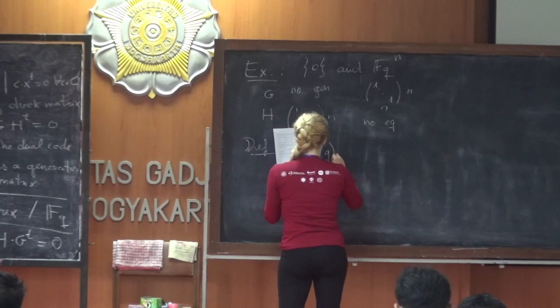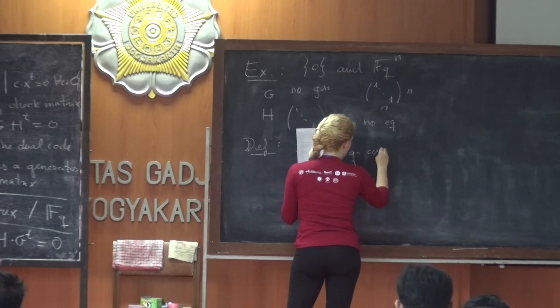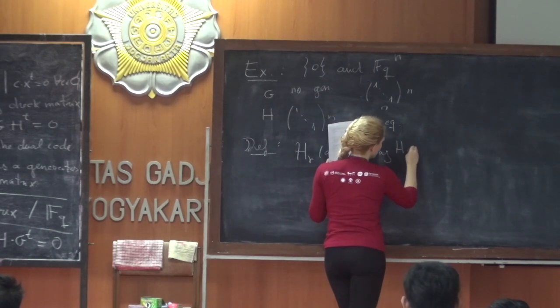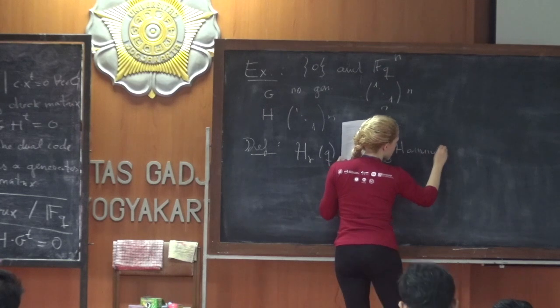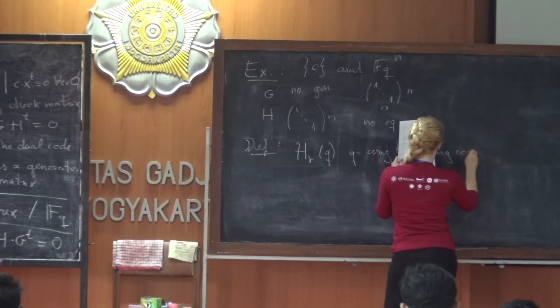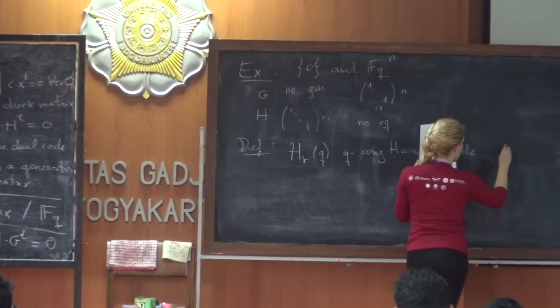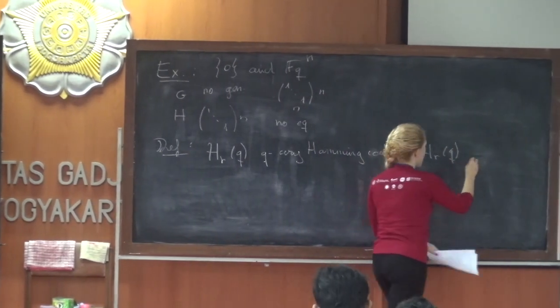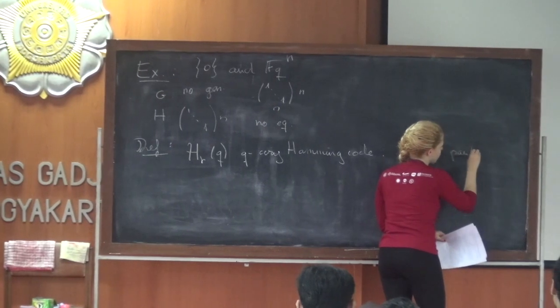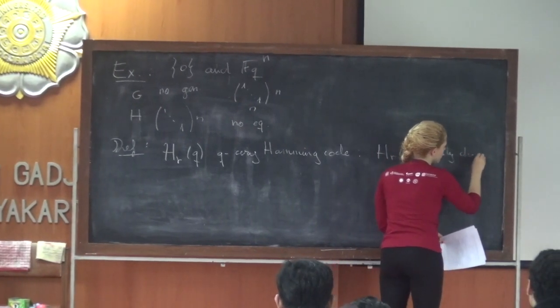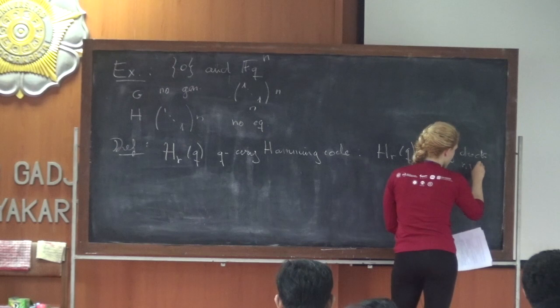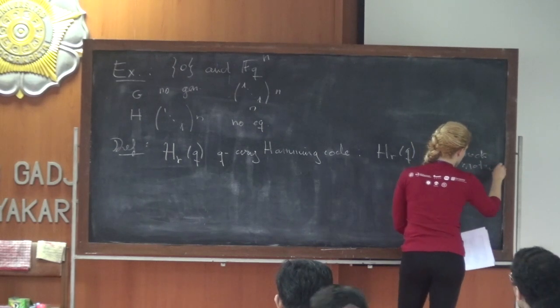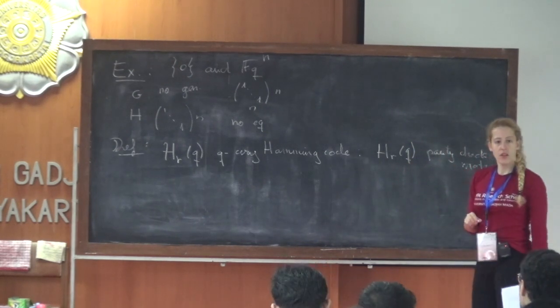That is called the q-ary Hamming code, the one that has the matrix we defined previously as the parity check matrix.